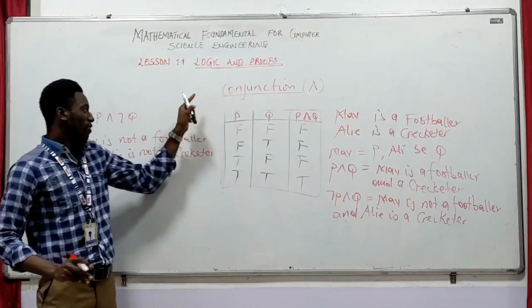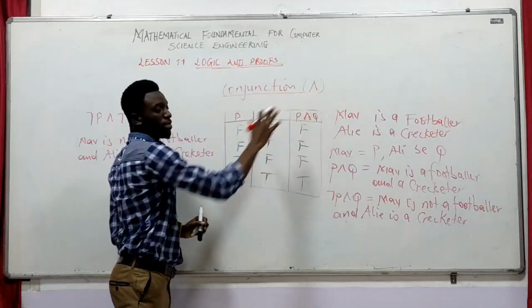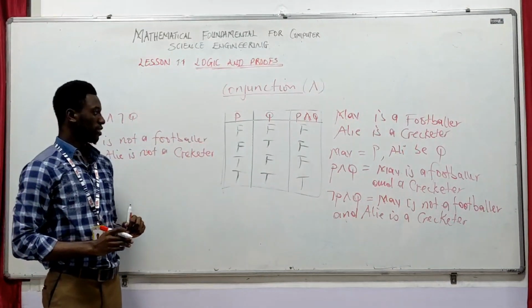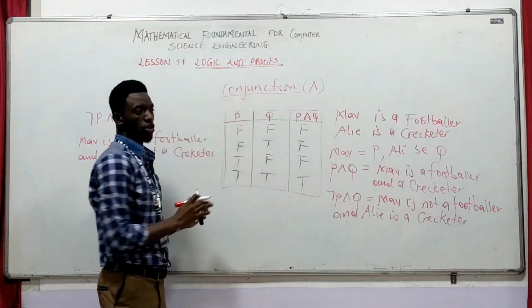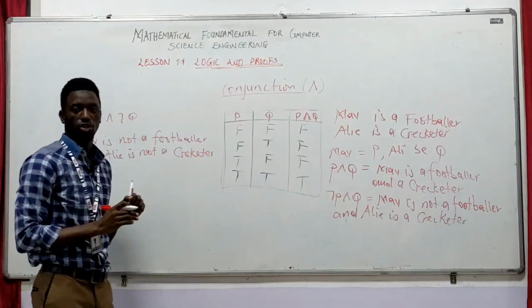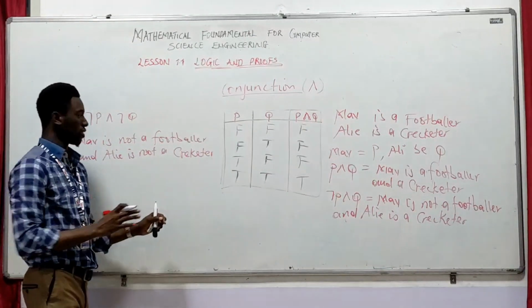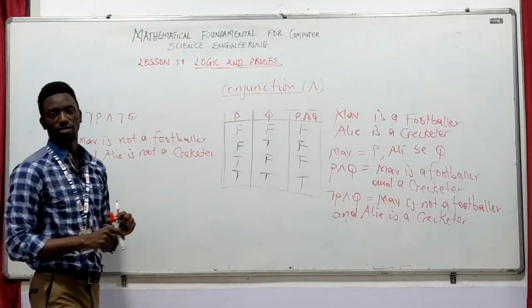So now we have learned what conjunction means in terms of truth table. Now let's see what disjunction means, right? This is conjunction. Now let's come to disjunction and see how disjunction is represented in terms of truth table and with an example.